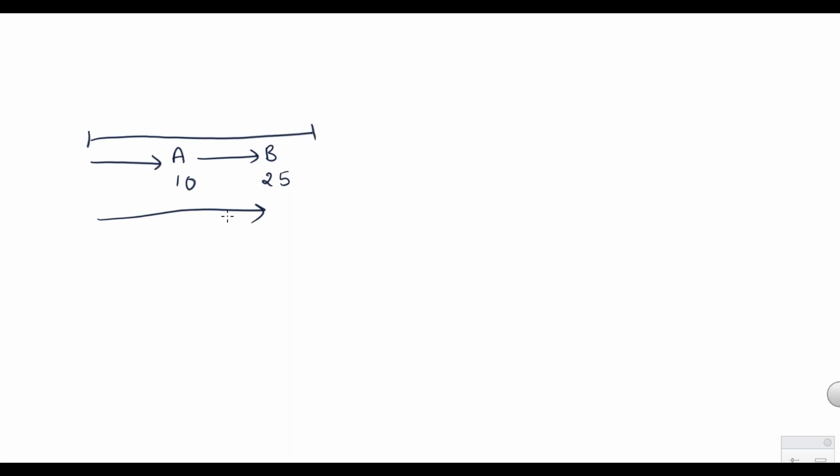See, number of persons between A and B means we should not consider A and B both. Neither A is included nor B is included. We have to exclude both A and B.